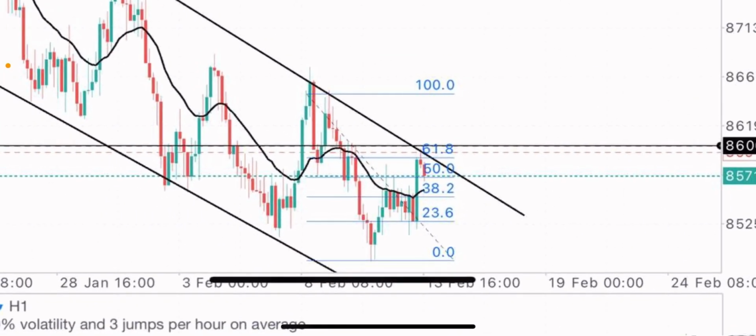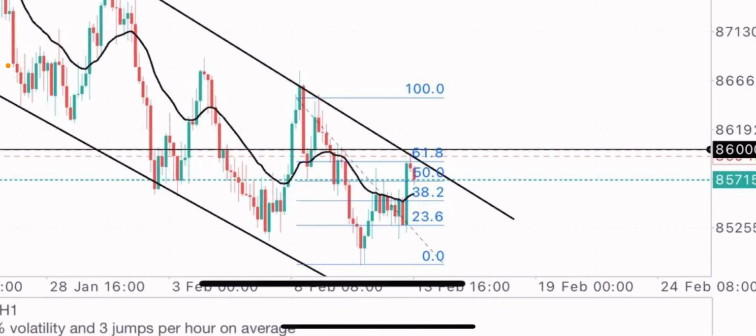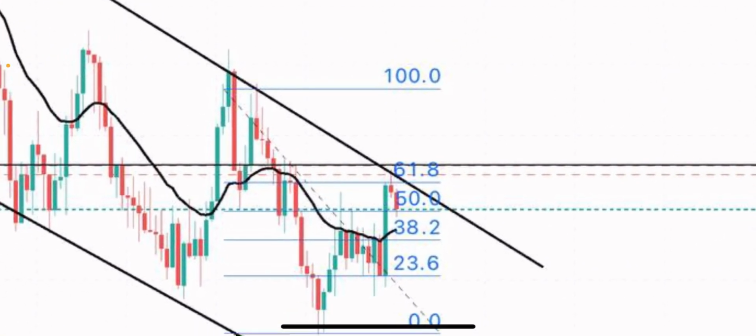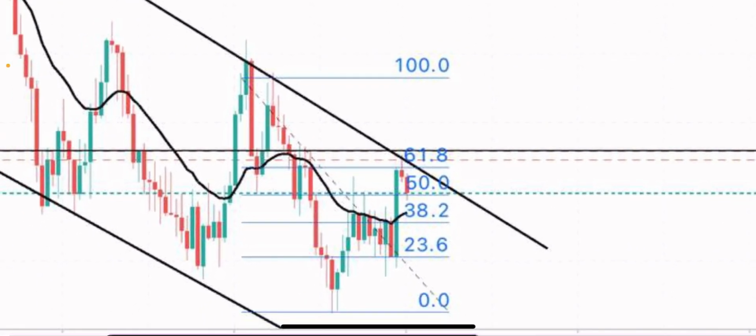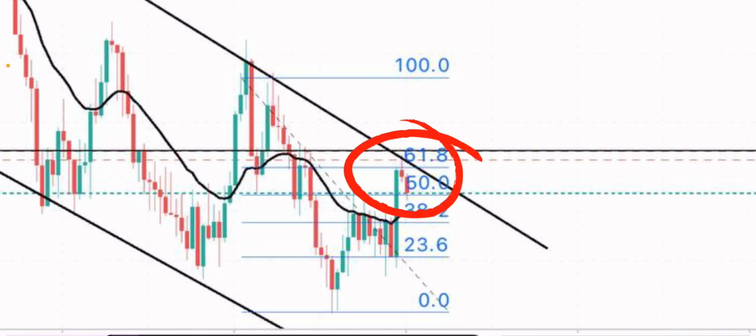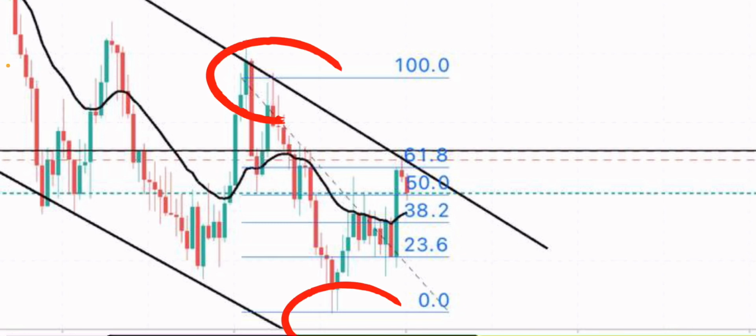So you can see after plotting my trend line, when price came back to touch this trend line, we should be expecting a sell, but we can't just sell anyhow here. That's when I plotted my Fibonacci, from this high to this low.